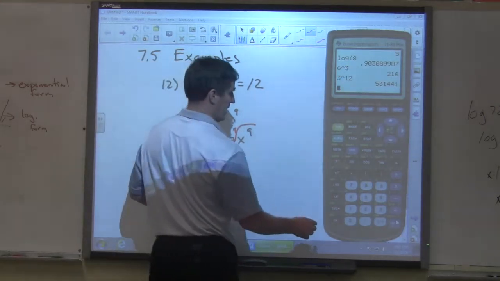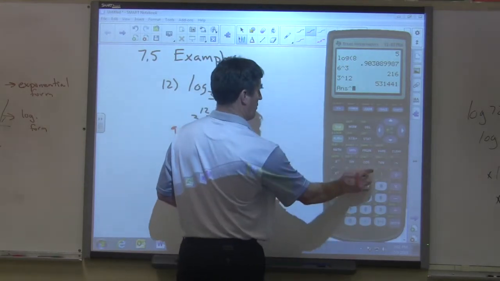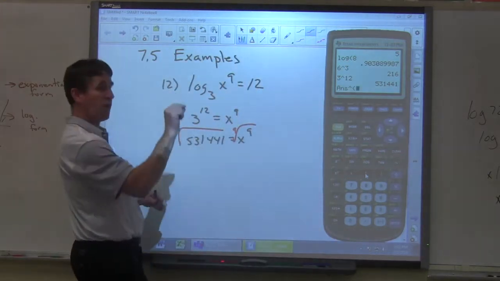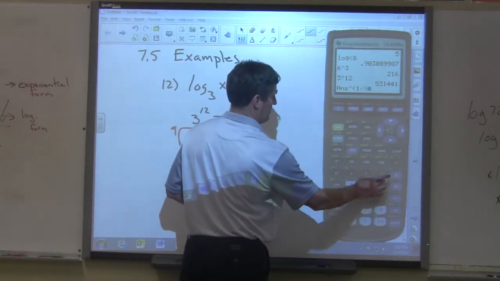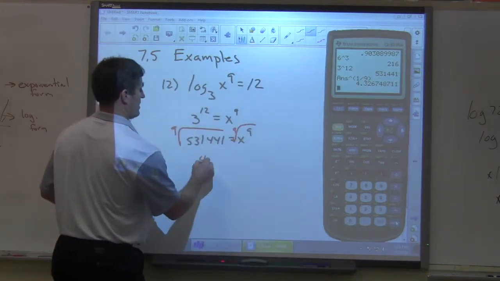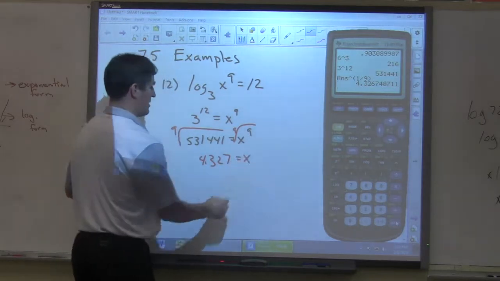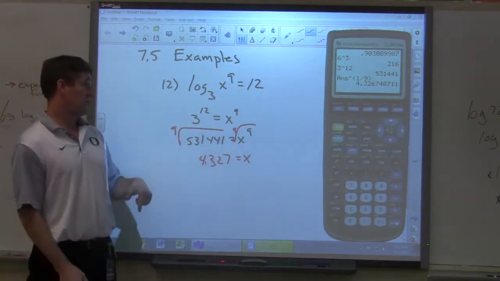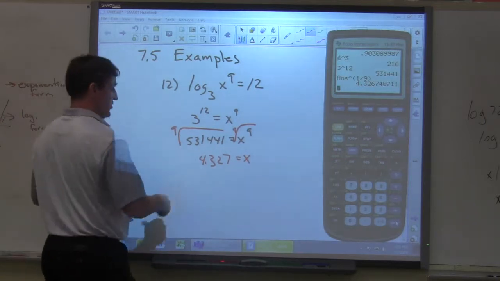And so on the calculator, remember, if you're going to take the 9th root, you take the 1/9 power, you do it as a fraction. So 1 divided by 9. And we get 4.327. And again, we're rounding to three places.